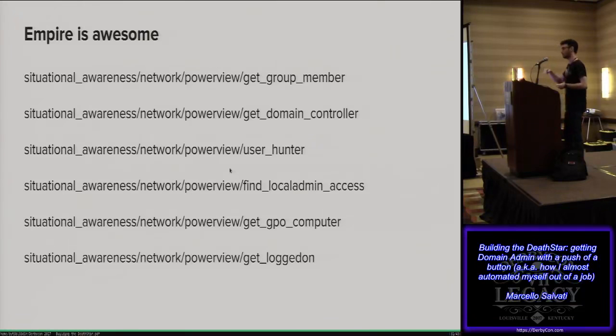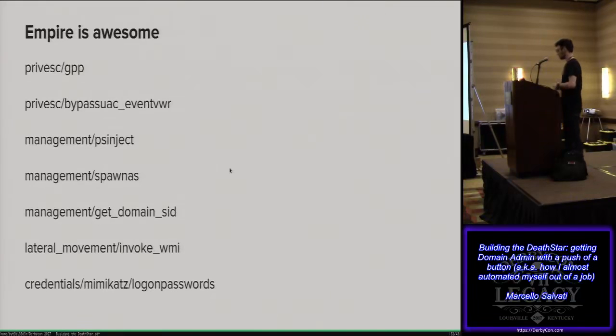For example, if we inject into a process, we can then use that security context to see if that user has other boxes it can access. Get-GPOComputer lets us resolve the GUIDs of the group policy objects that we pull down from the sysvol share, which we'll get into a bit. Get-NetLoggedon shows who's logged on, et cetera.